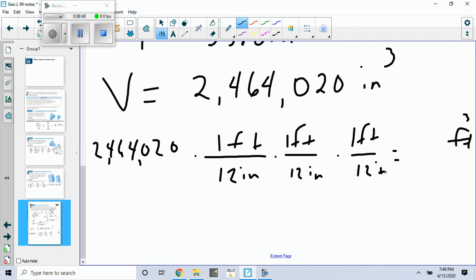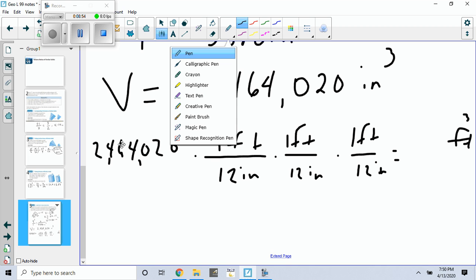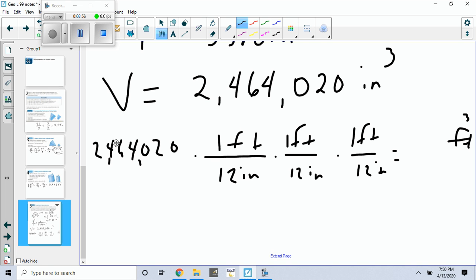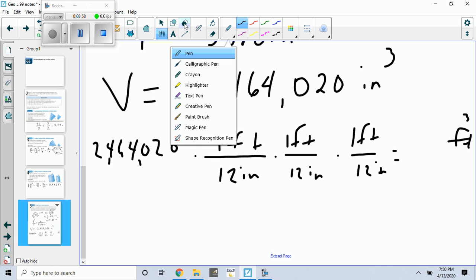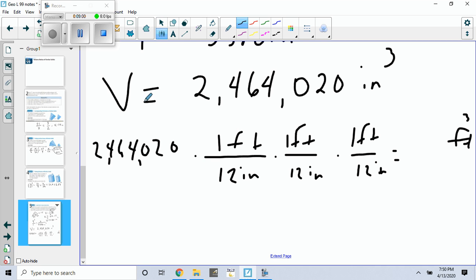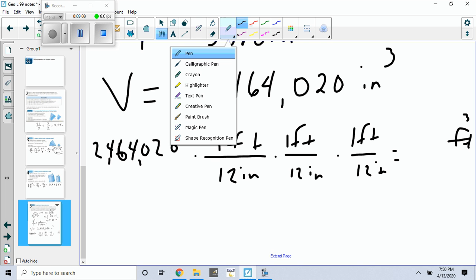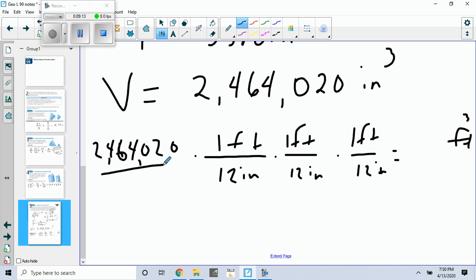So remember, this over here is a 6, but it's really hard to tell. Let me see if I can write it better with this 6. Okay. So now what we're basically doing is dividing 2,464,020 by 12 cubed.